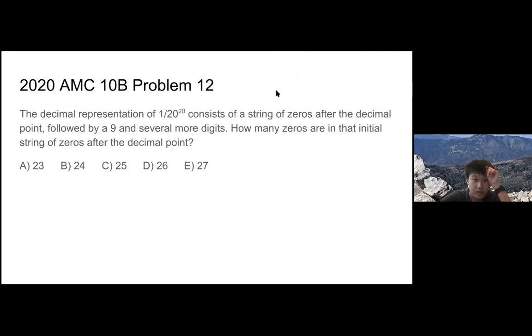Oh, there's stuff going on in the chat. Okay, I guess I'll just explain how to do this problem.